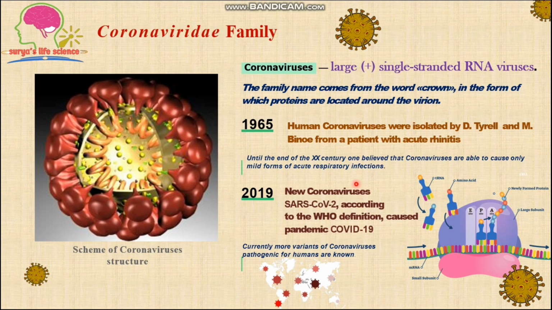How can we prevent the formation of new variants of these coronaviruses? It can be done only by maintaining social distance, taking proper vaccination and wearing a mask, because the more the coronavirus spreads, the more variants will form and it may be fatal also. So that's all about the basic introduction of the coronaviridae family.